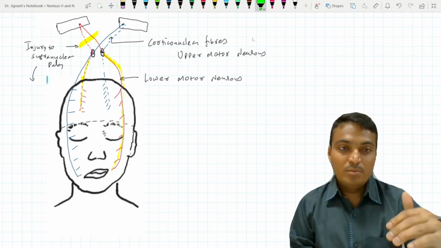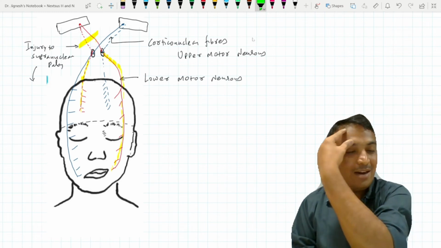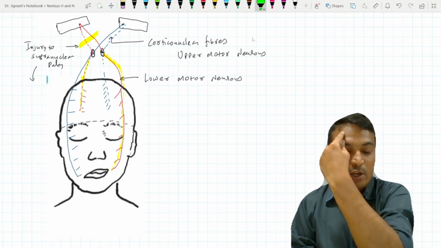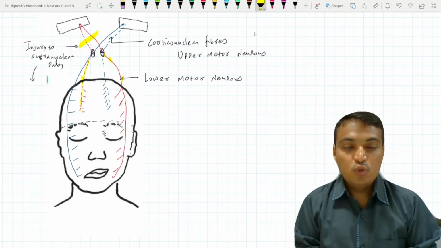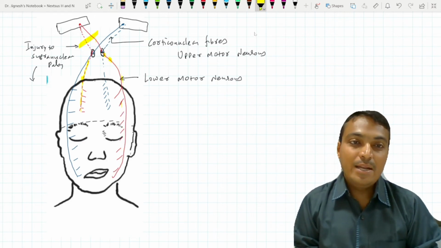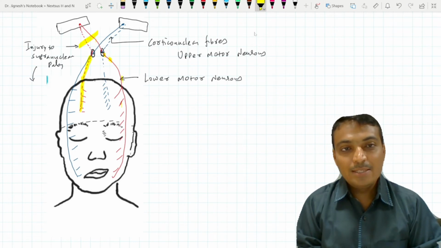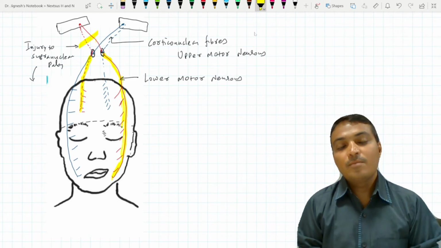But here, in case of the injury to the supranuclear fibers of the left side, the right half of the forehead is preserved, because this forehead is supplied by same sided corticonuclear fibers also. So the supranuclear palsy of the left side affects these fibers which supply the left sided forehead, as well as the fibers of the facial nerve which supply the whole right sided facial expression muscles.